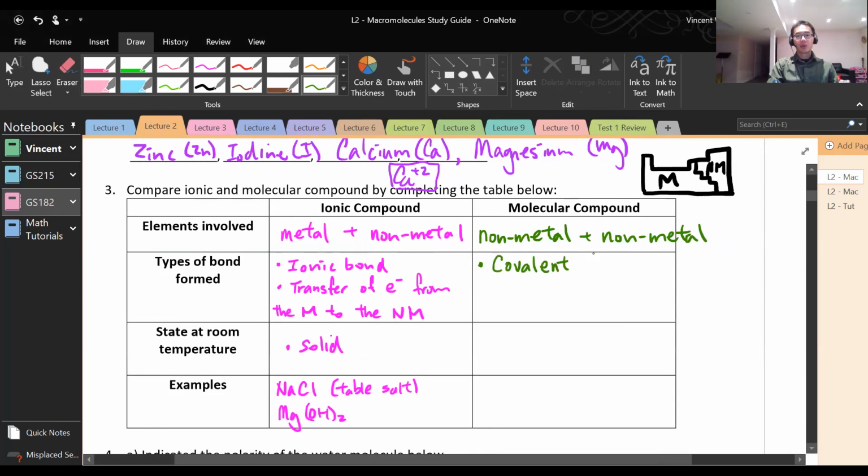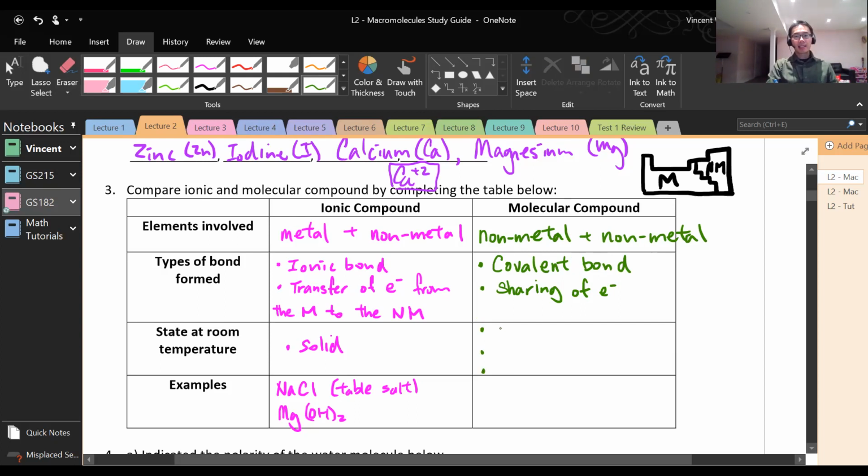The covalent bond is, rather than transfer of electron, going to be sharing of electrons between the nonmetals. So not a handover of the electron, but they share it together.